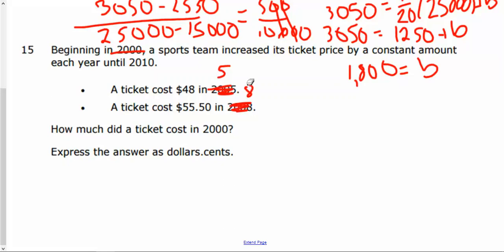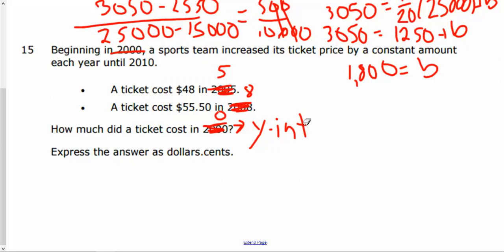So doing that makes my life a little bit easier because now when it says how much does the ticket price cost in 2000, it's saying what does the ticket price cost at 0? Meaning essentially, again, what is the y-intercept? Let's try that out.